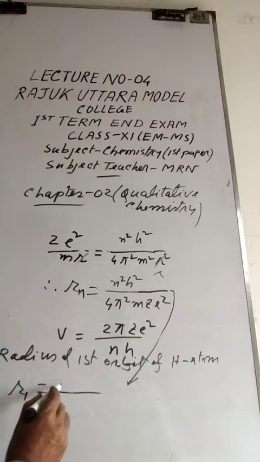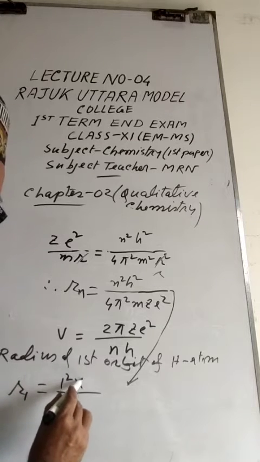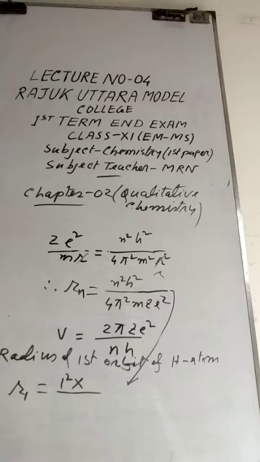Since this one is first, n square is 1, and h is Planck's constant.